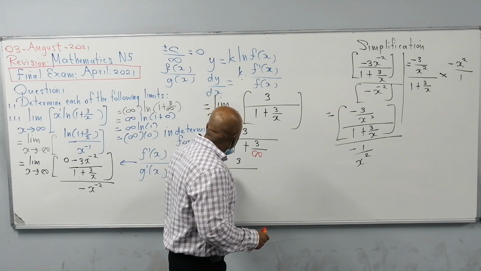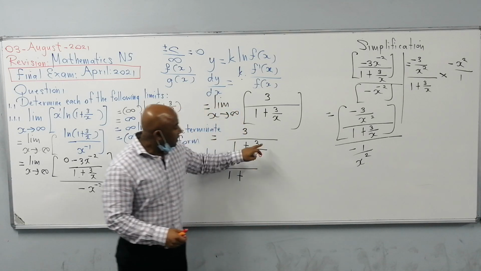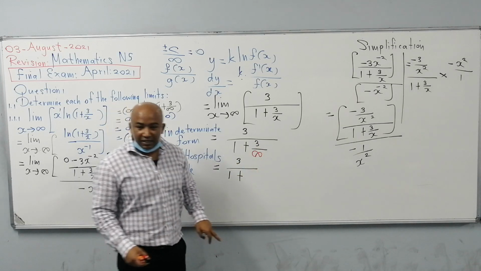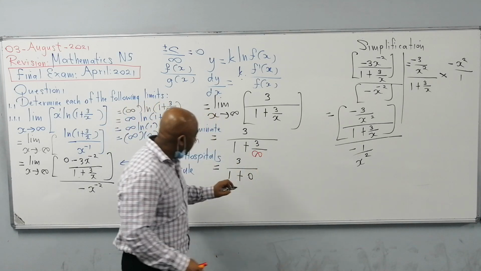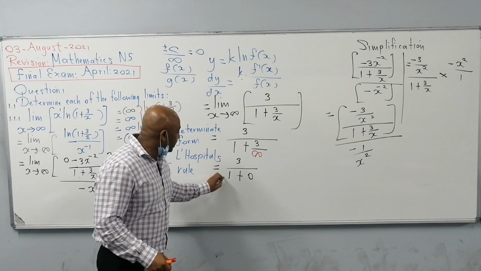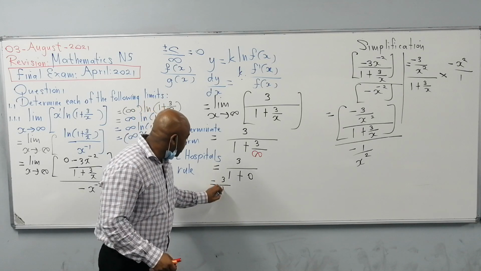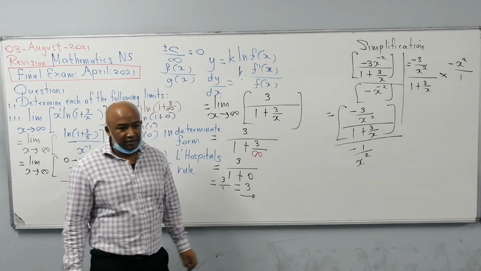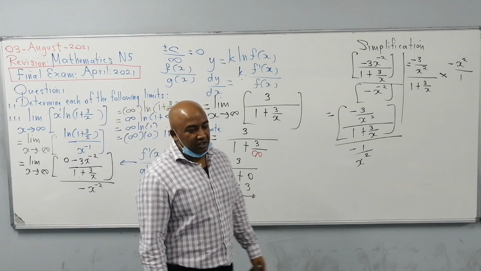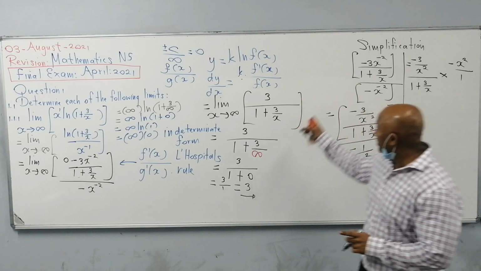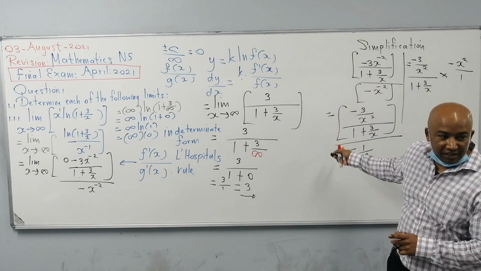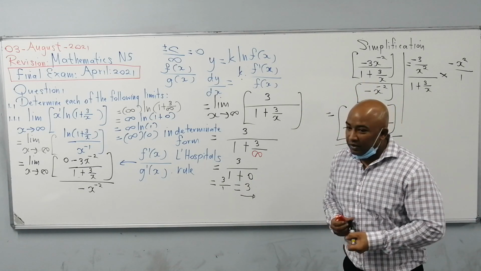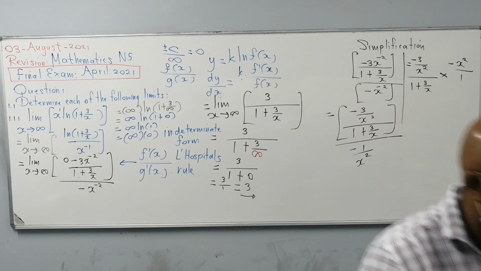So that's 3 all divided by 1 plus, when you divide by infinity, it's equal to 0. So therefore, 3 divided by 1 plus 0 is 1, and 3 divided by 1 is 3. Right, so this was not so simple because of the simplification that's required. This is 1.1.1. Let's move on to the next question.